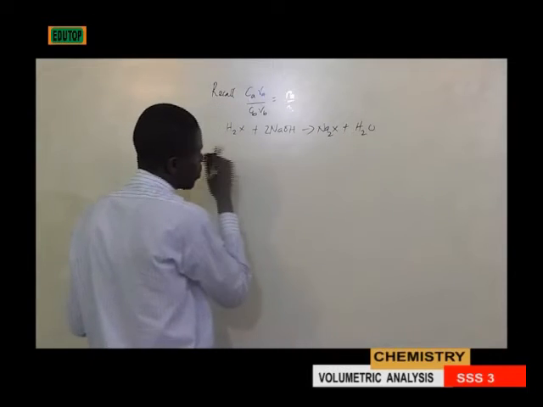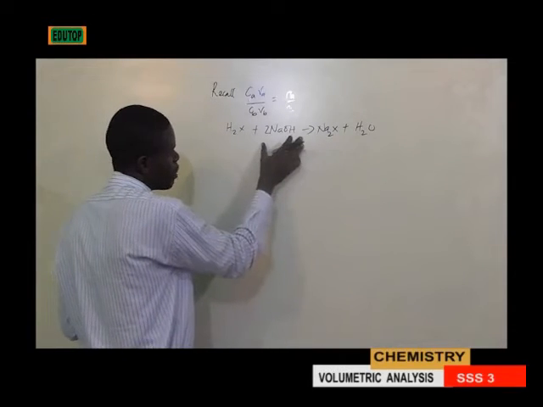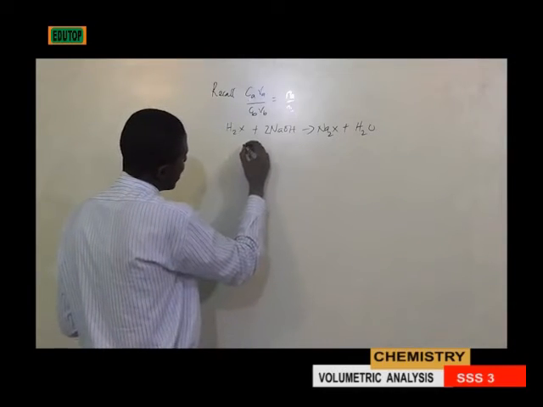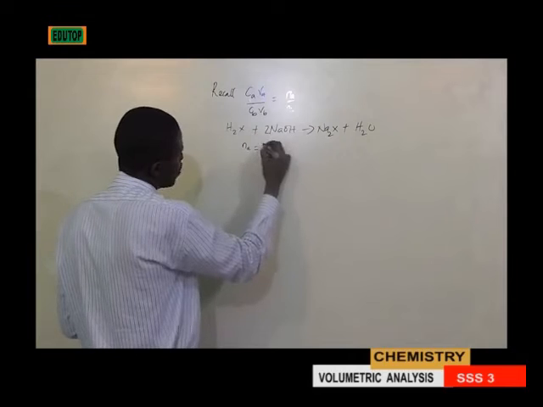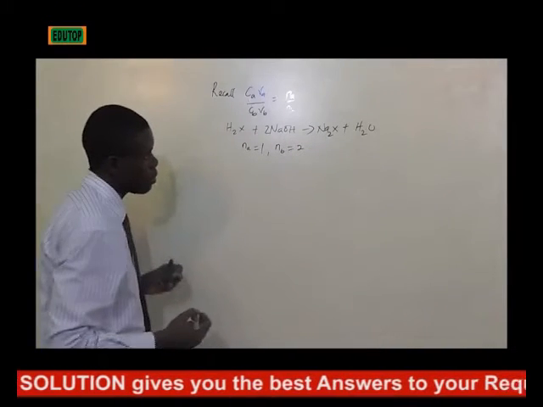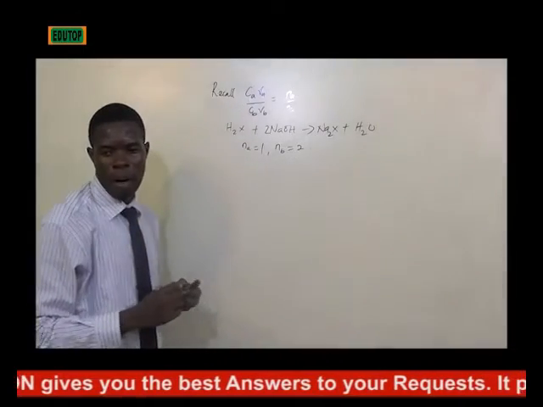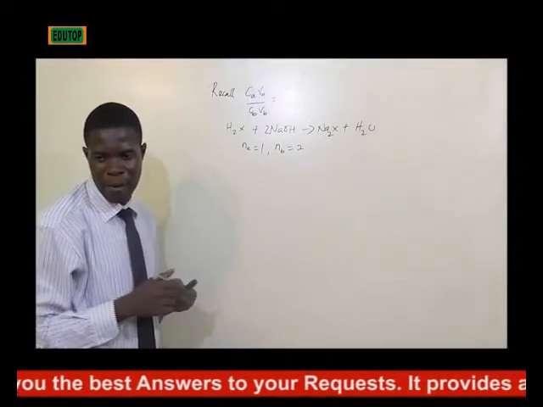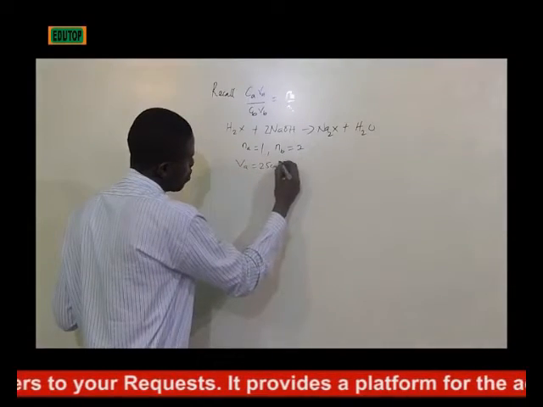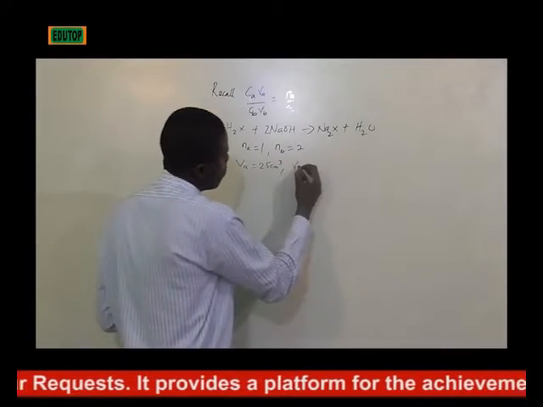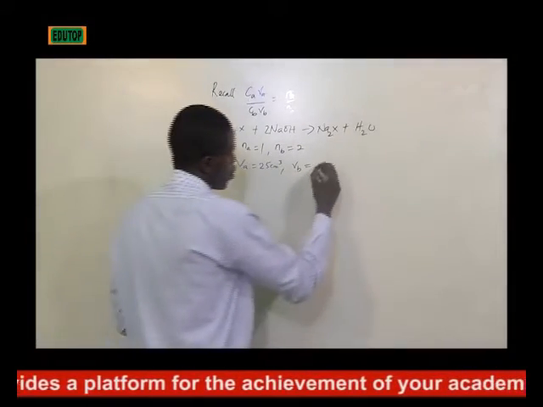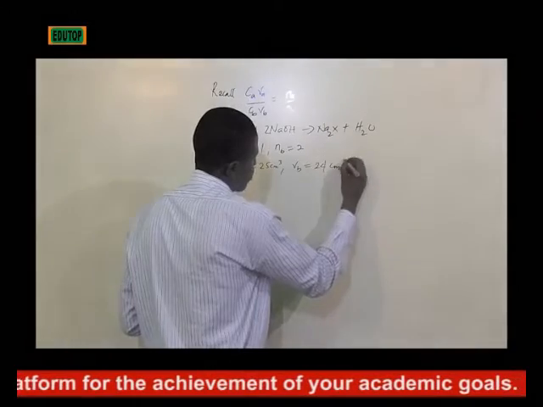This is a neutralization reaction where an acid reacts with base to give you salt and water. So here, the number of mole of acid is 1, the number of mole of base is 2. The volume of the acid has been given in the question to be 25 cm cube, and the volume of the base has also been given to be 24 cm cube.